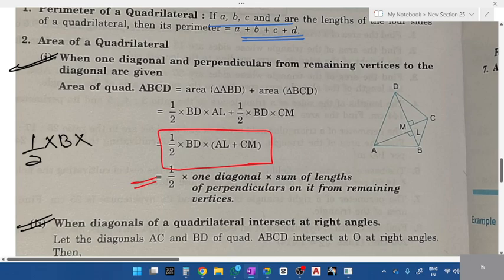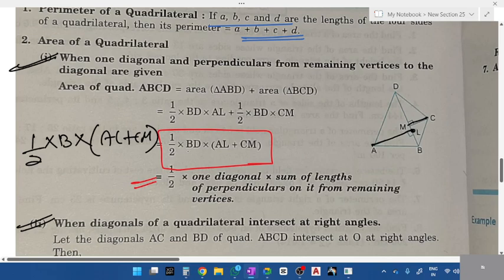Which is the other diagonal? AC. A and C. But how is A and C connected? From A to C, A to L, right? A to L plus what's the other line from C, CM. This is the formula. Just because BD is straight, we write it together, students.